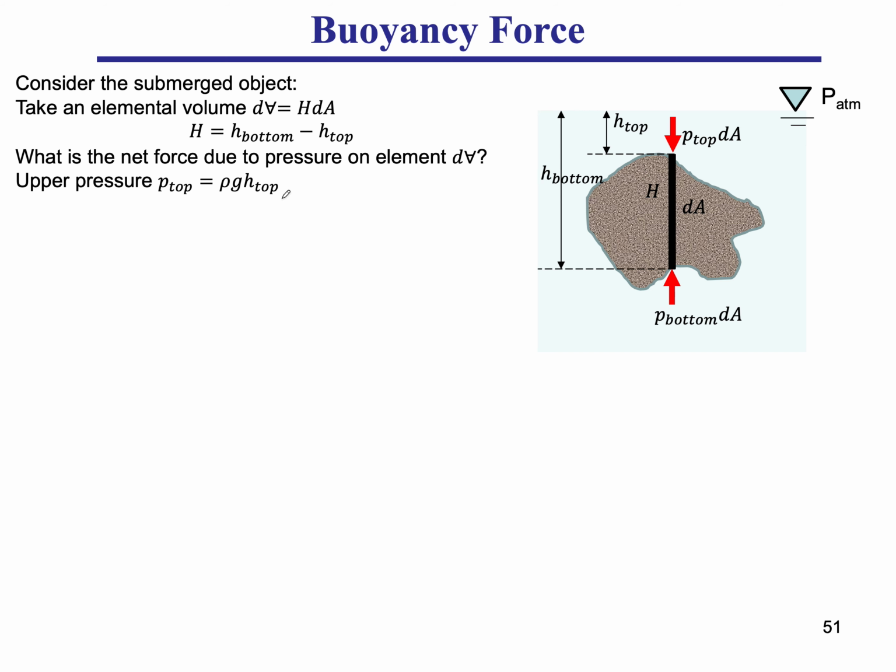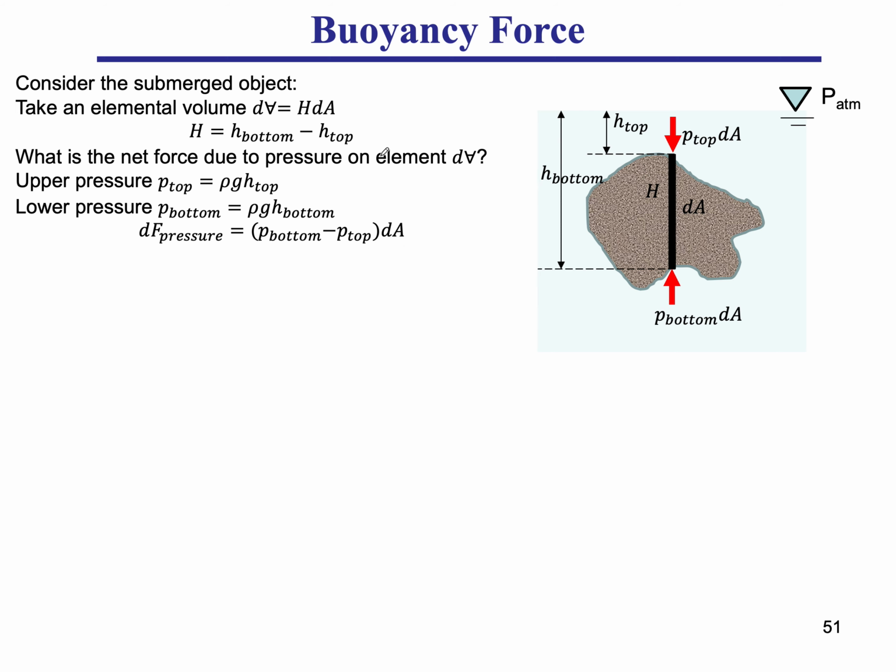So the pressure that we have at the top is just rho g h, and same thing for the pressure acting at the bottom. And the difference in pressure is the difference in force. The bottom force minus the top force is P bottom minus P top times dA.